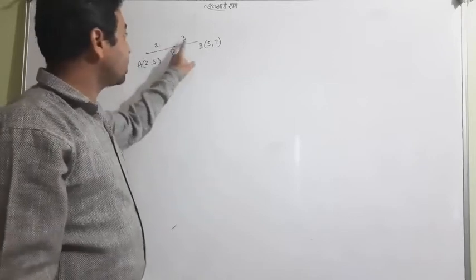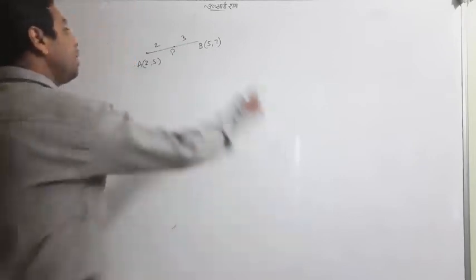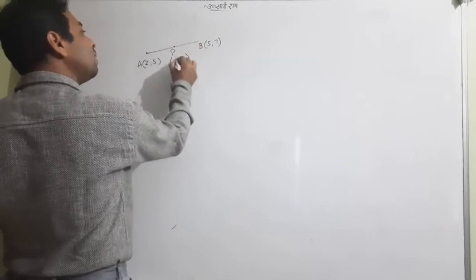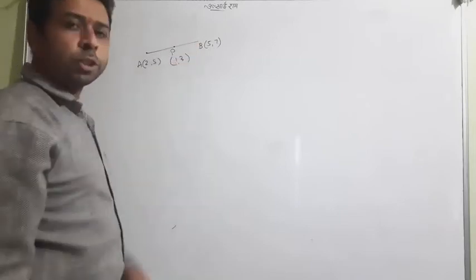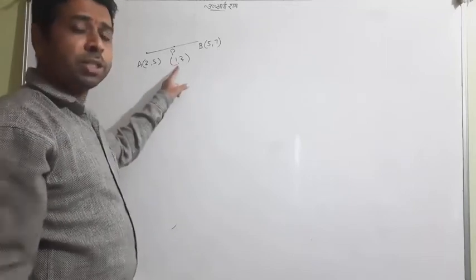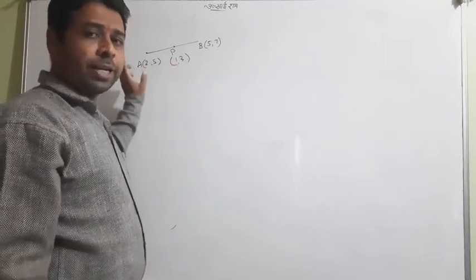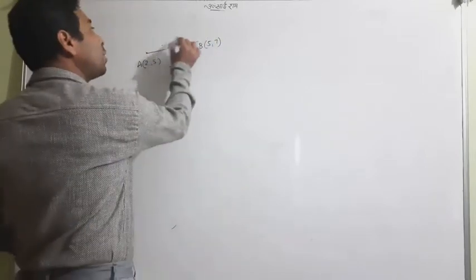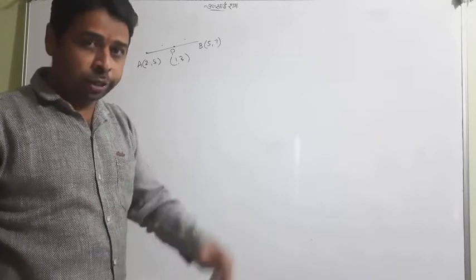It is M, it is N, and you can find it. In case the ratio is not given and suppose a point P is given, and you are told that it is dividing the line segment AB in some ratio, I don't know what the ratio is.